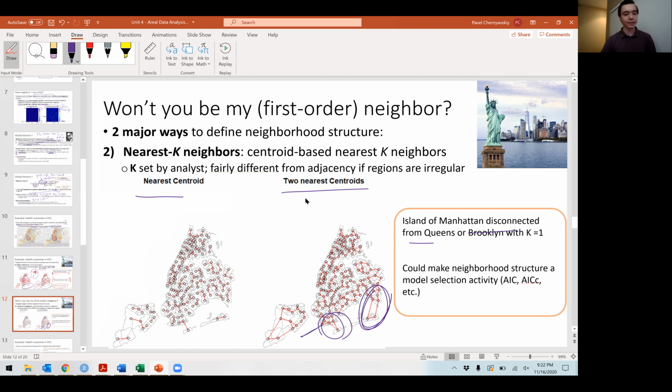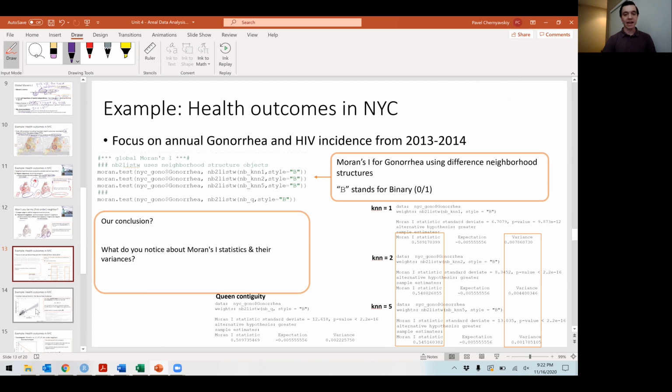I went with the queen contiguity. You guys can fight me on it if you want, or grab my code and perform exploratory analysis. I actually look at 4 different neighborhood structures to see whether or not it changes my outcome.